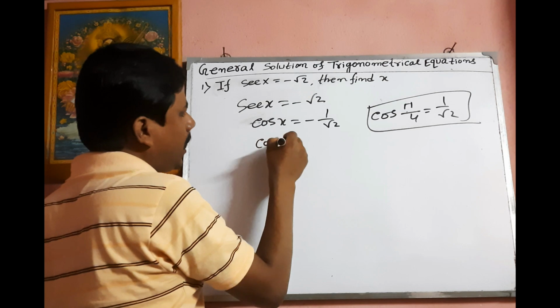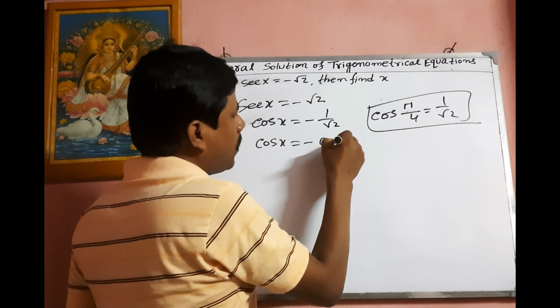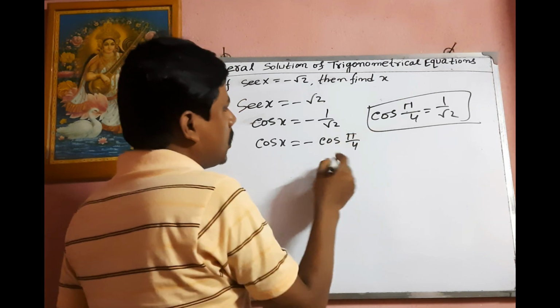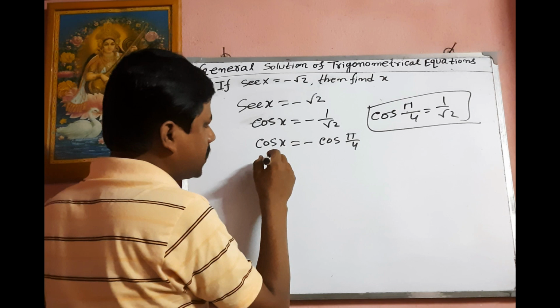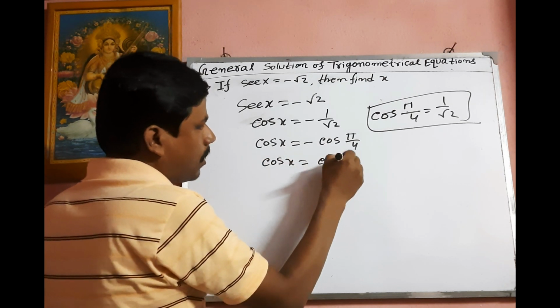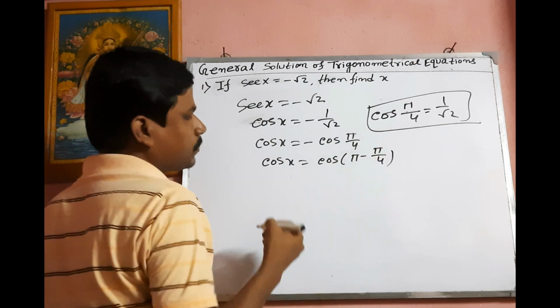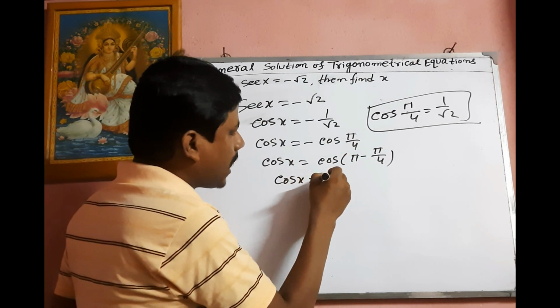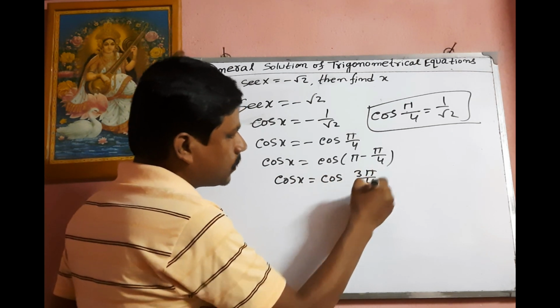So cos of x is equal to minus cos of pi by 4. If we are using the minus, then we get cos of (pi minus pi by 4). So by calculating we get cos of 3 pi by 4.